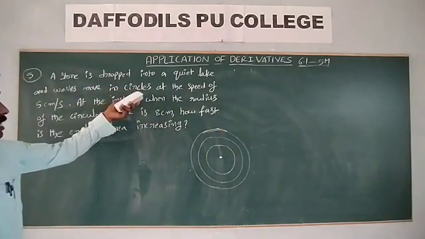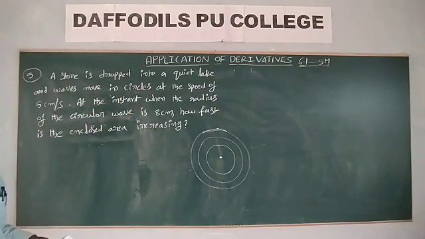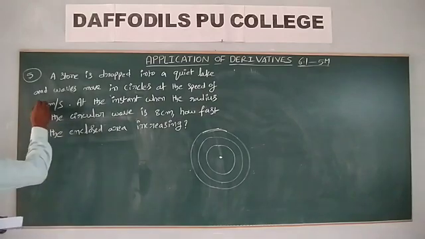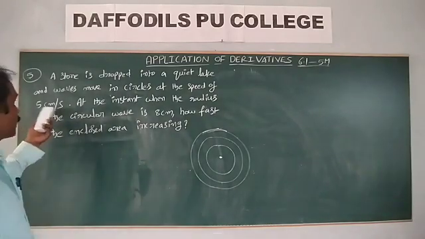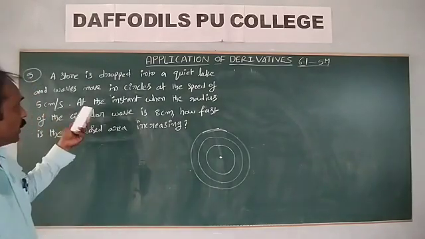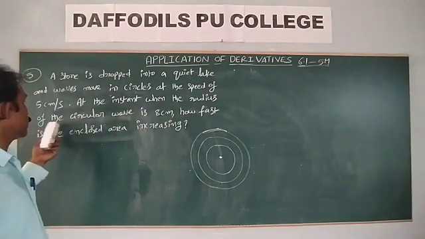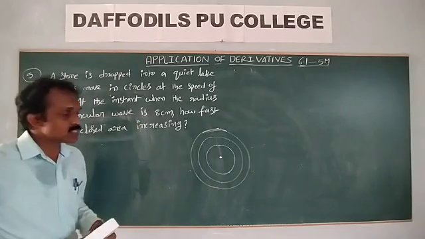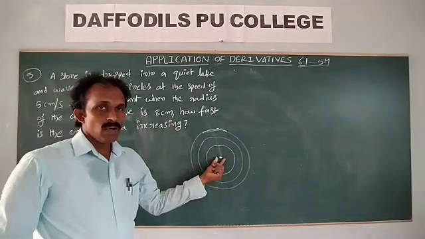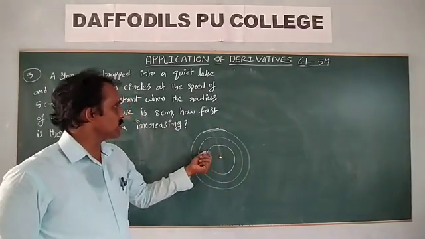And waves move in circles at the speed of 5 centimeter per second. At the speed, how much speed? The radius changes at 5 centimeter per second. At the instant when the radius of the circular wave is 8 centimeter.